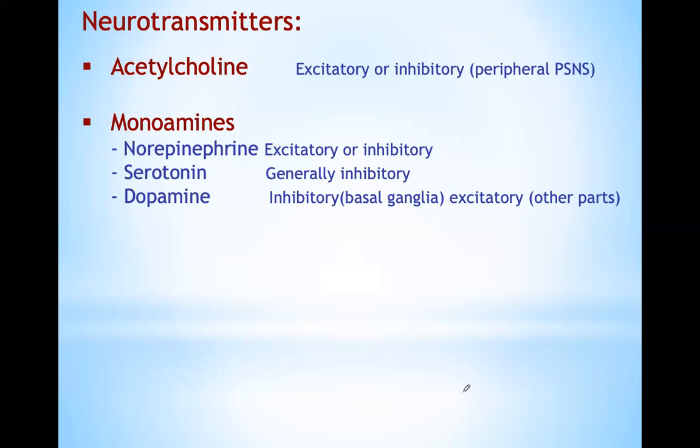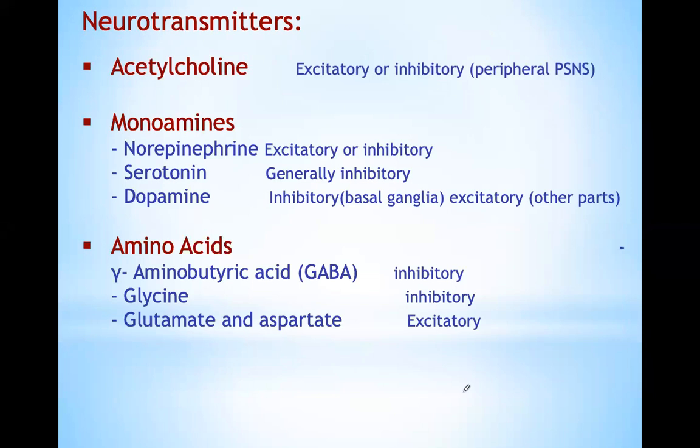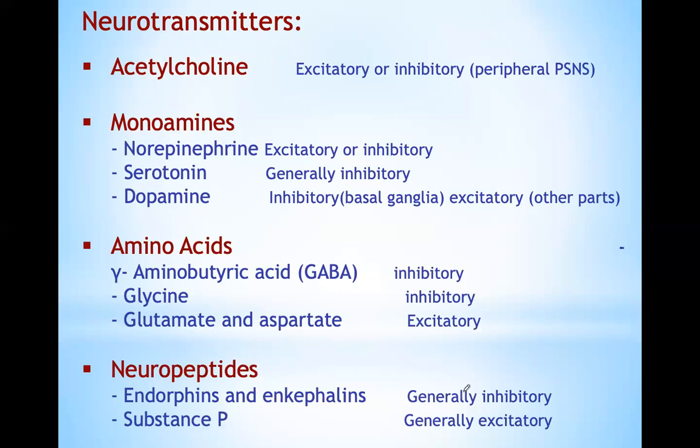Norepinephrine can be excitatory or inhibitory. Serotonin, generally inhibitory. Dopamine can be excitatory, as in the mesolimbic system, inhibitory, as in basal ganglia. GABA, always inhibitory. Glutamate, always excitatory. We have endorphins, enkephalins, generally inhibitory. We have substance P, generally excitatory.